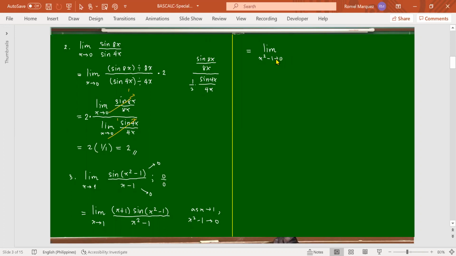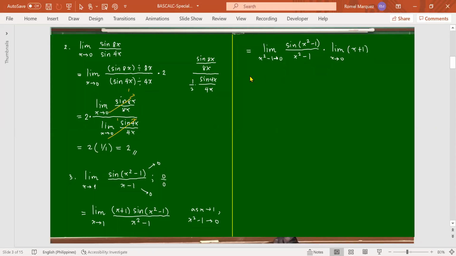Yung x plus 1 nag-e-exist na ang limit, no? Kaya pwede ko nang hiwalayin. Ito nag-e-exist na rin ang limit. You cannot split hangga't hindi ka pa sure na the limit is already existing, no? Ito nag-e-exist na ang limit. Okay?